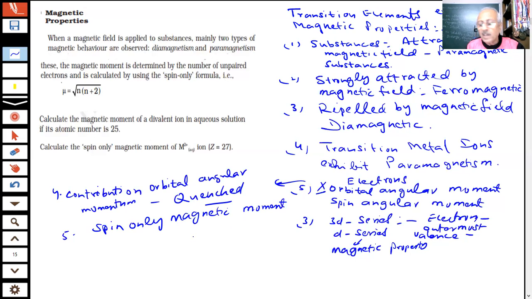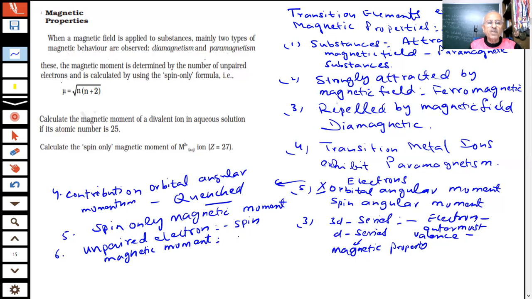So the magnetic moment will be determined by unpaired electrons. If the transition element has unpaired electrons, then it has a spin magnetic moment. The spin magnetic moment is due to the presence of unpaired electrons.